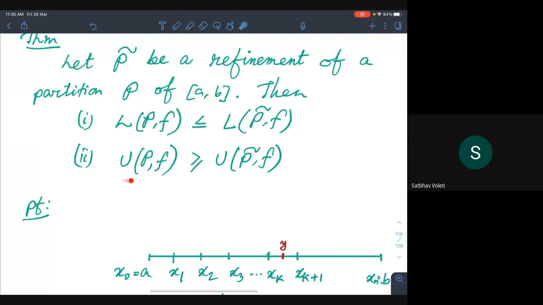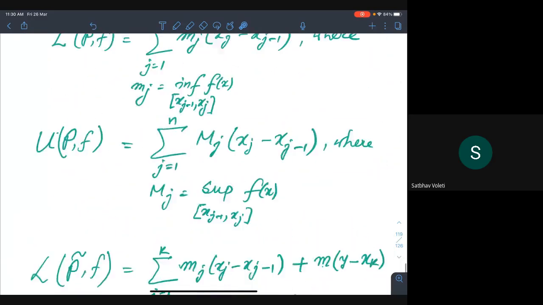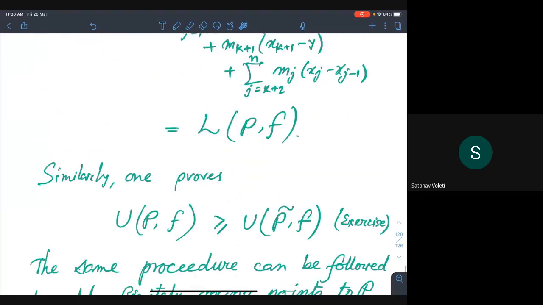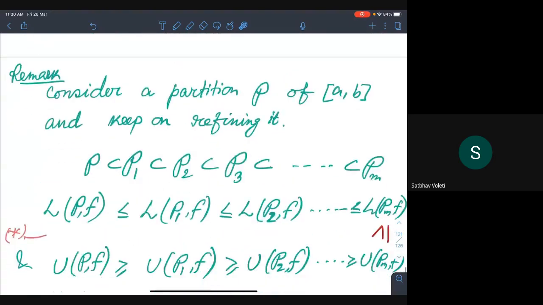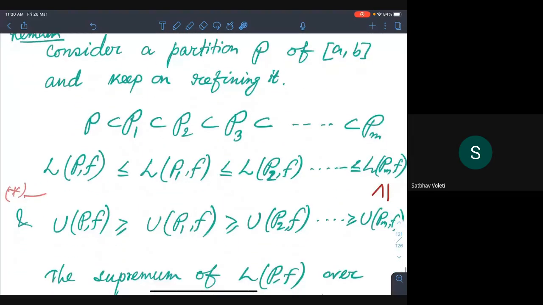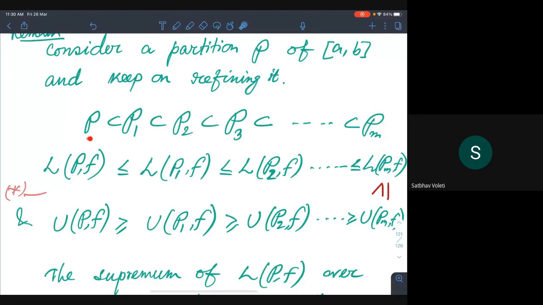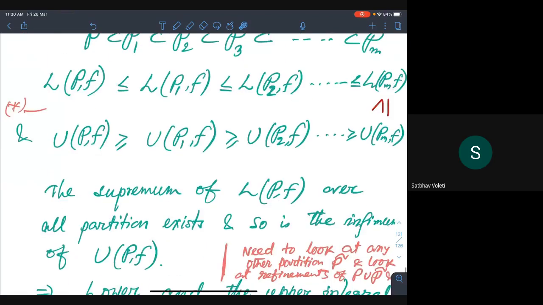Similarly, the upper sum of the partition is greater or equal to the upper sum of the refinement. All right. Now, this we have proved. Here, I had taken P and its refinements, and what we get is this kind of inequality.